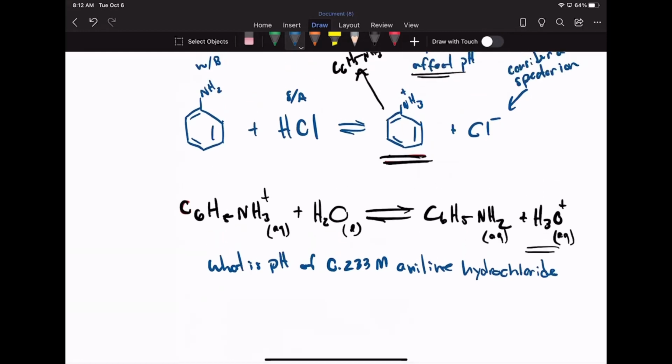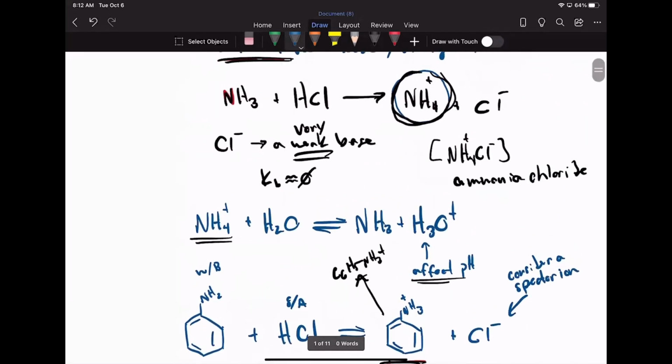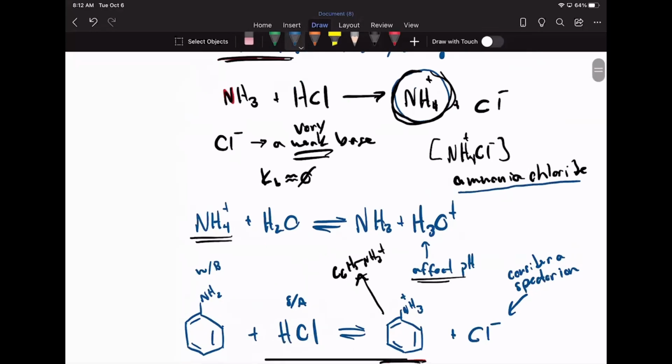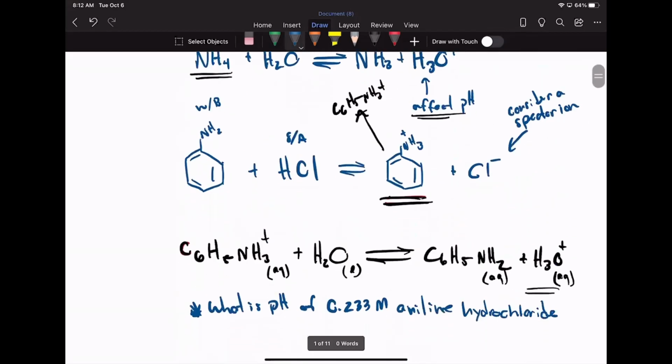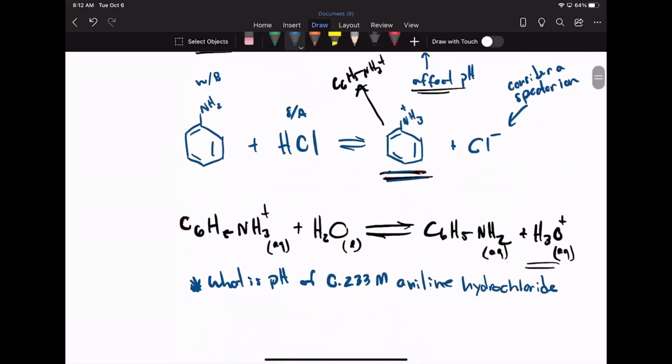If I give you this information, aniline hydrochloride, ammonium chloride, this is aniline hydrochloride, right? So what is the pH of this solution?